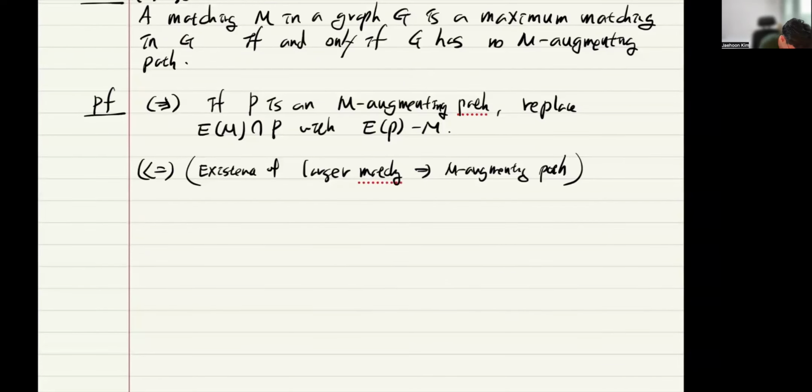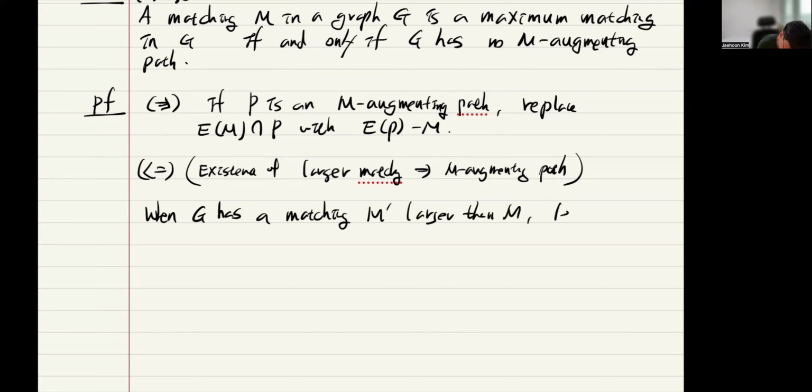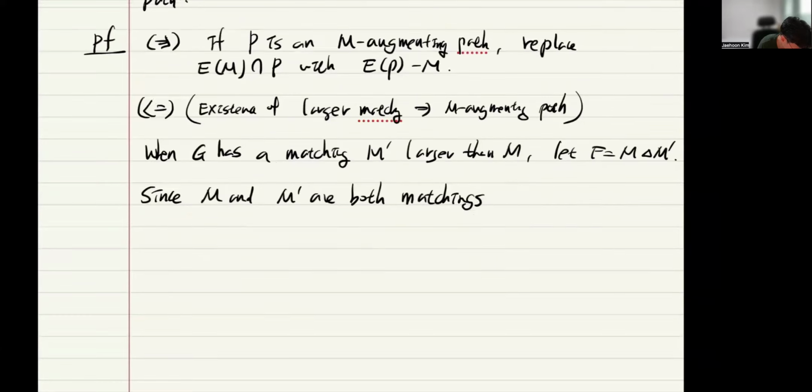Then consider that G has a matching M prime larger than M, and that F is the symmetric difference of these two. And what do we have? Since M and M prime are both matchings, every vertex has at most one incident edge in M, and at most one incident edge in M prime.